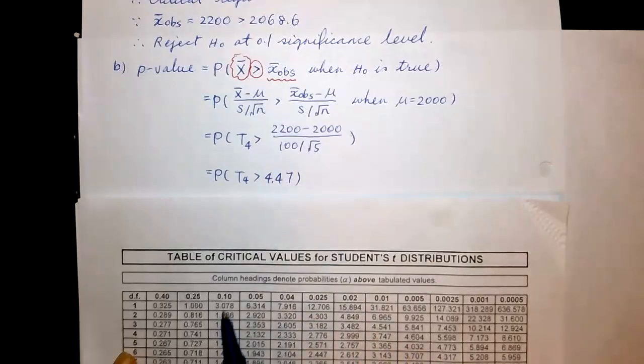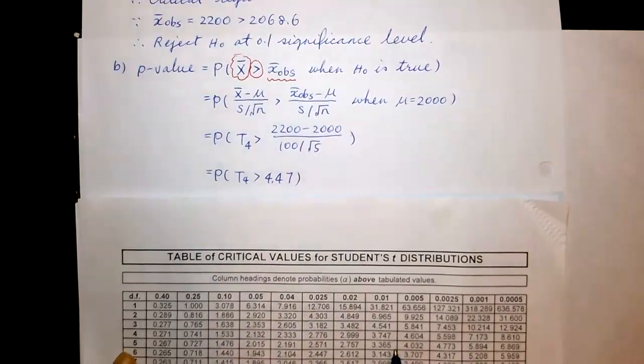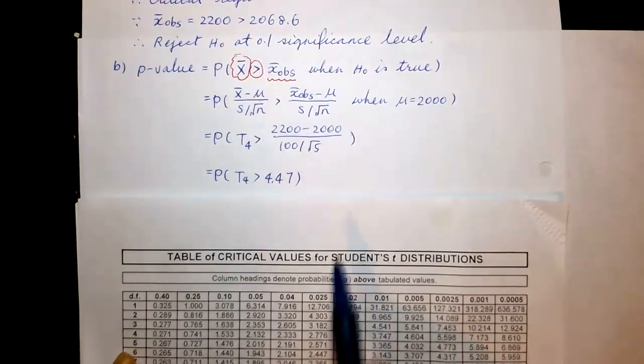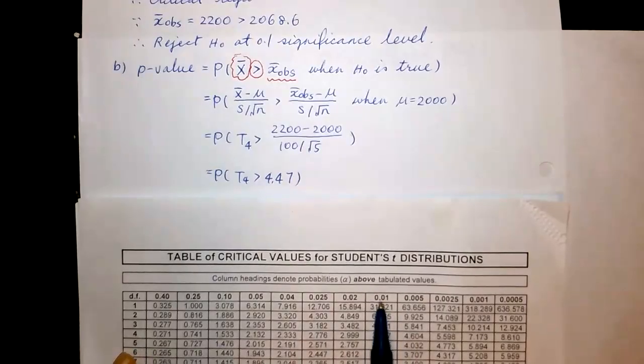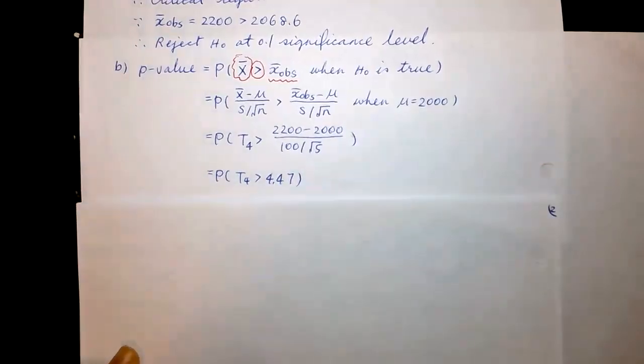We don't use, oh, now I do alpha 0.1, then I just look at here. No, you give the best estimate, the closest estimate to your question. I'm going to copy these two t-values in the row of 4, of course, and their corresponding right tail probabilities. Right tail.